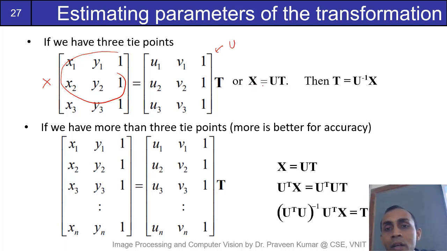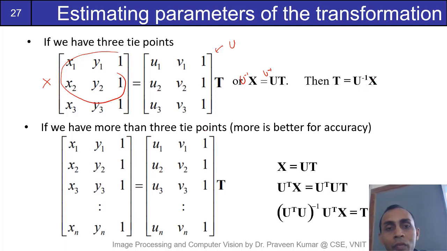Then x is equal to u times t, and if you want to get t, we multiply by u inverse on both sides. So this becomes the identity, and now t is equal to u inverse x.